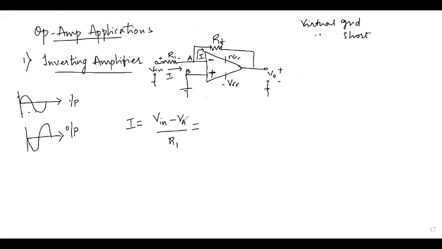Therefore, VA will be equal to what? VB. VB here is ground potential, which is equal to 0. So therefore, VA will be equal to 0, and I remain with I equals Vin by R1.